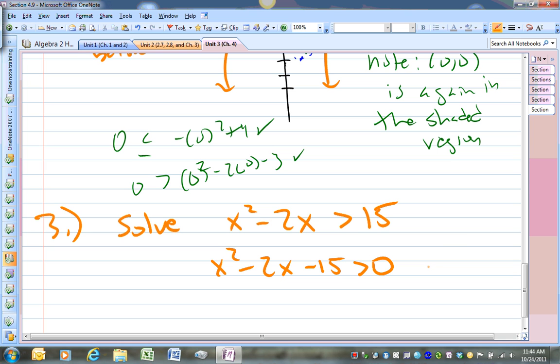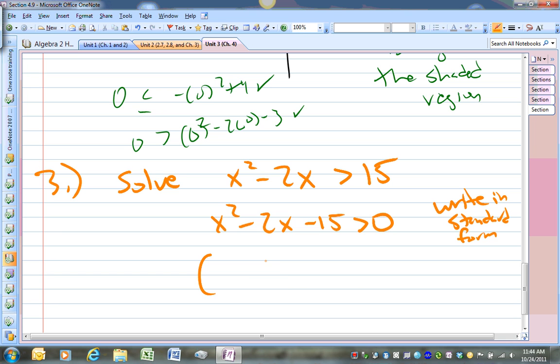So basically put it in standard form. If you can factor it, x minus 5, x plus 3.